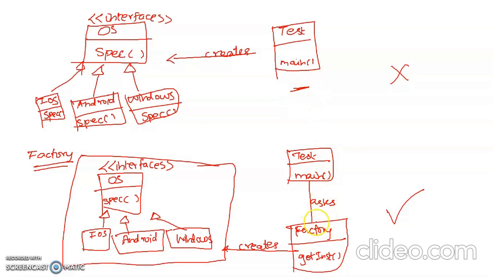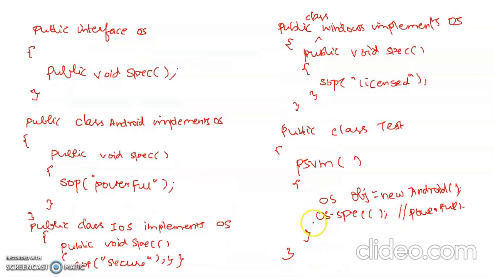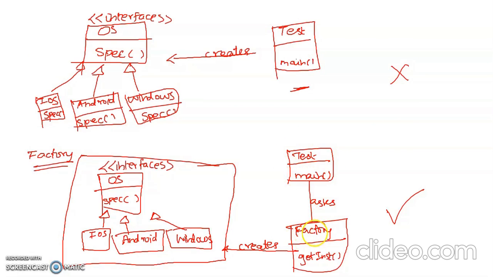Now I want to change this to the factory pattern, which means this line has to be changed. Instead of that, I have one more class named Factory. We have to create a class named Factory, public class Factory.